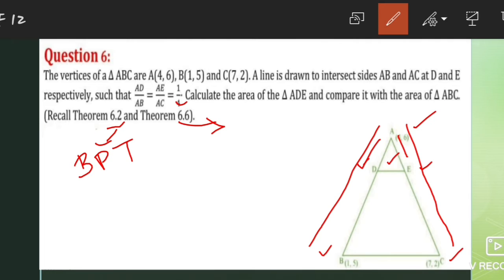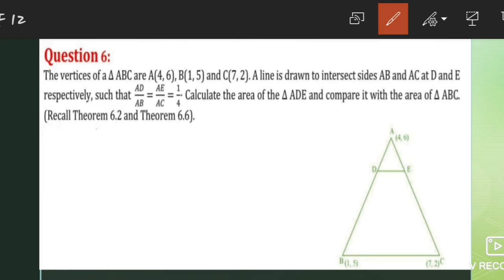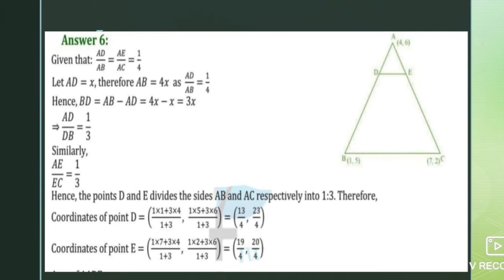Since the vertices of ABC are given, you can easily find the area of triangle ABC. For triangle ADE, to compute the area, you have to find the coordinates of D and E. So let's check the solution.